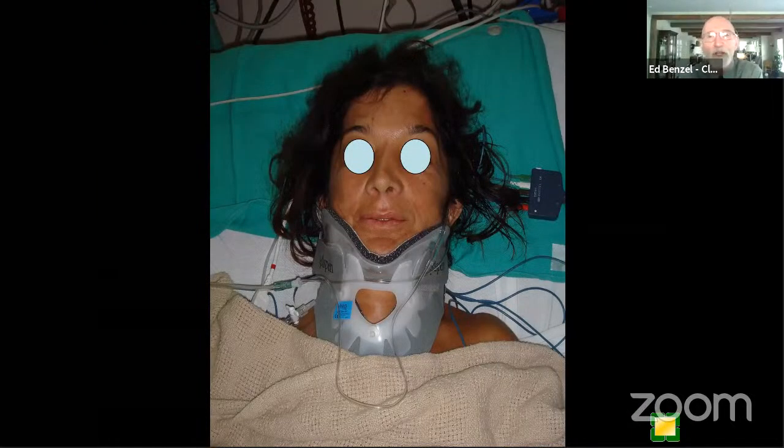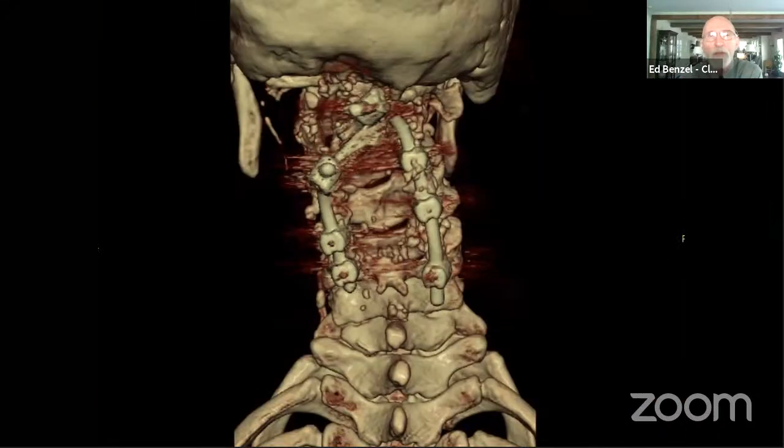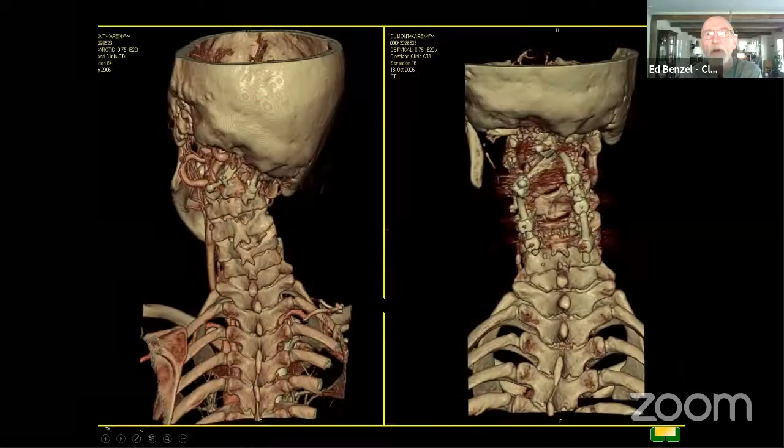Here is her picture post-op and pre-op, and she was very happy. This was actually a cosmetic operation, although we didn't list it as that. She says it's really hard to get a date when your ear is on your shoulder. Here she is in good sagittal balance, coronal balance post-operatively, and she was very happy with this.